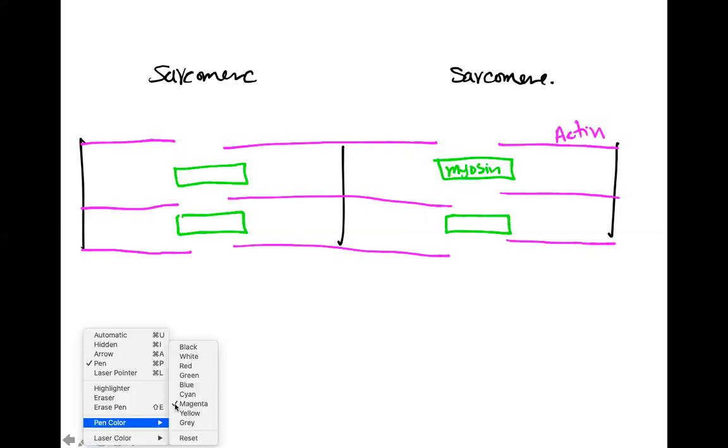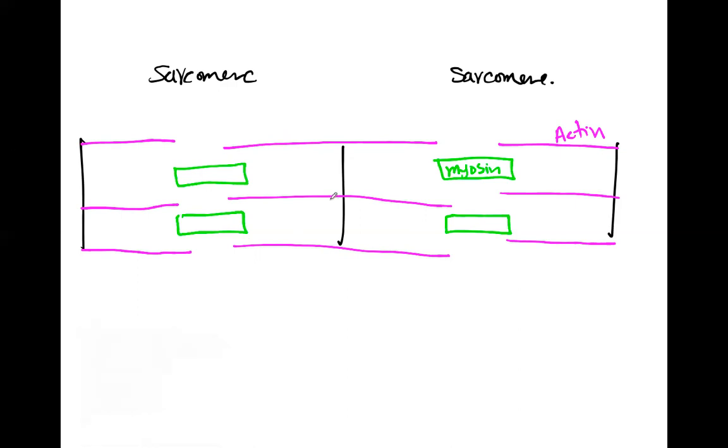So let's go ahead and take a look at the vocabulary for these. Now, anytime you see these lines that are basically bordering my each sarcomere, these are identified as my Z disc. So Z disc is basically a marker for the end and beginning of each sarcomere.